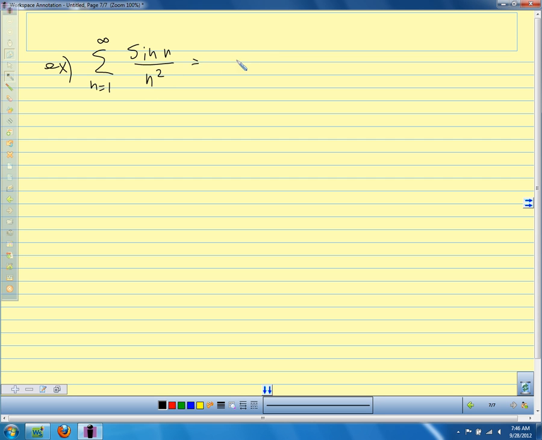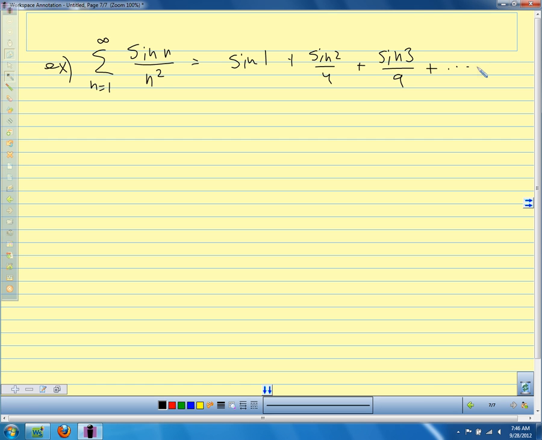So our series is sine of 1 plus sine of 2 over 4 plus sine of 3 over 9 plus and so on. Can we use the alternating series test on this? Katie says no. Why?